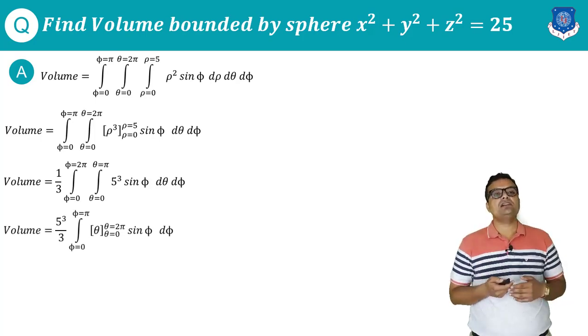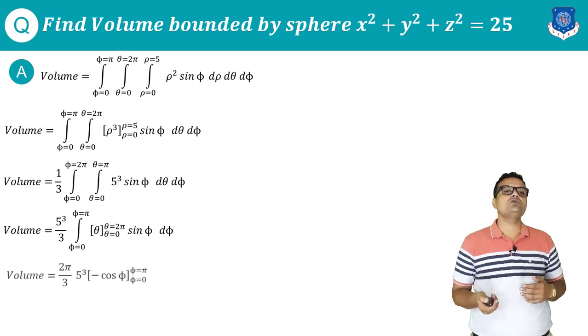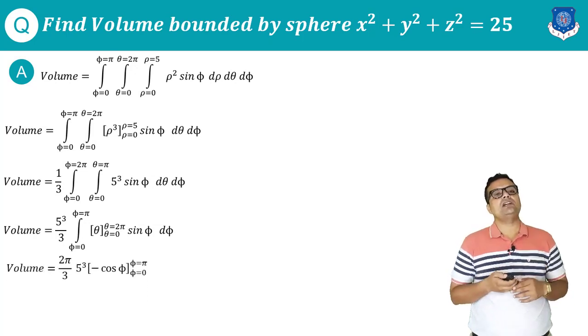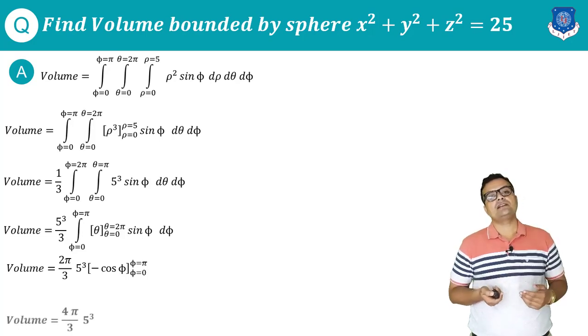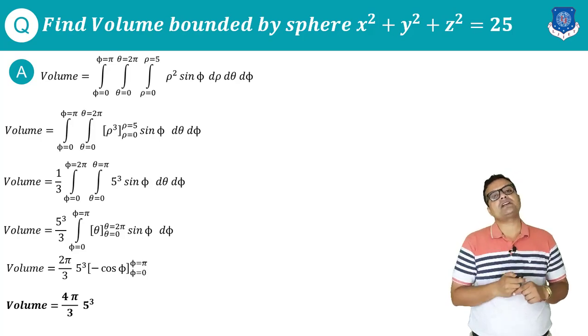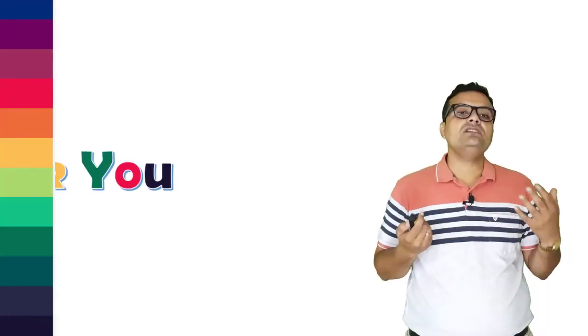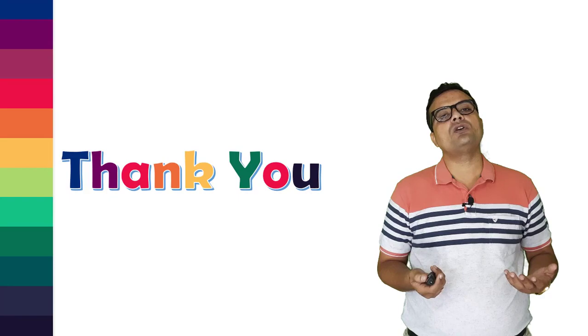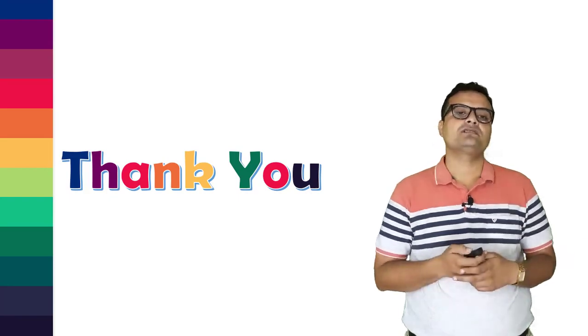I am integrating it from 0 to 2 pi. And finally the remaining function is sine phi, and for that I have minus cos phi. If I substitute the limits, it will give me the exact expected answer, which was 4 by 3 pi r cube with r equal to 5. So this gives you the general method to find the volume of a spherical structure.